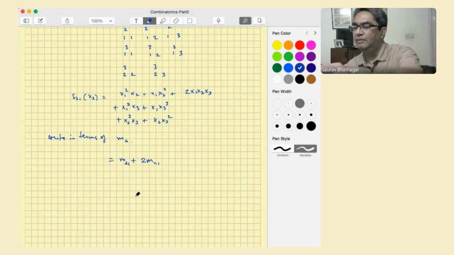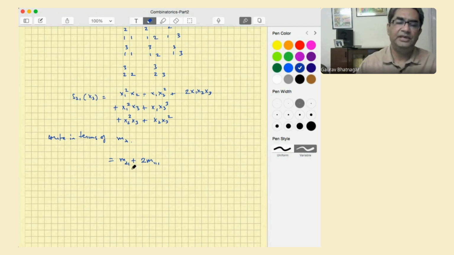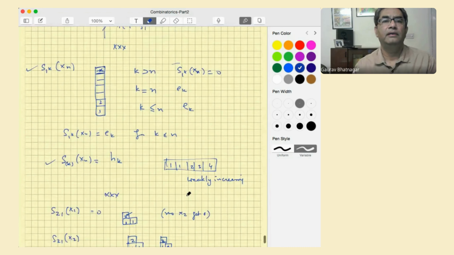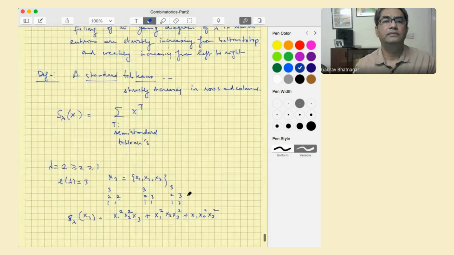Right? So, I mean, in general, S lambda of x can be written in terms of, so this I think is the definition I have written, right? Yeah.